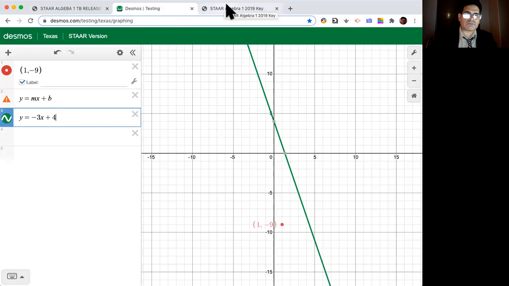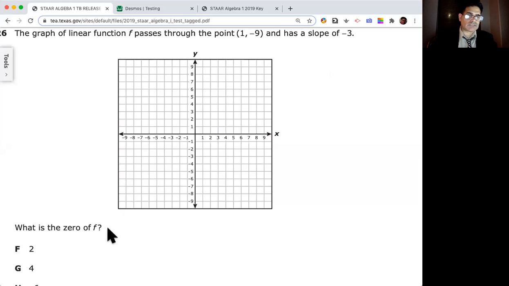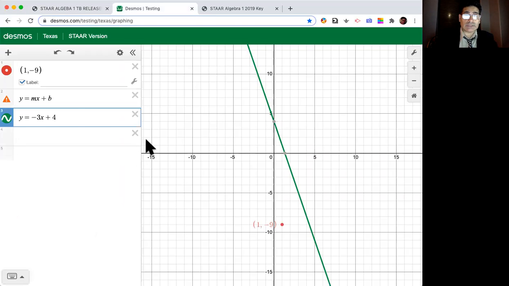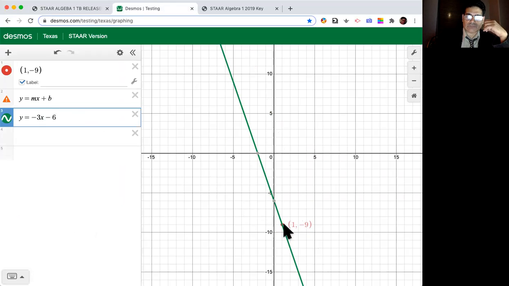What was the other value? Right, -6 and -2. So the next one is -6. Okay, good, that runs through it. And just to make sure, let's check that last one, -2.